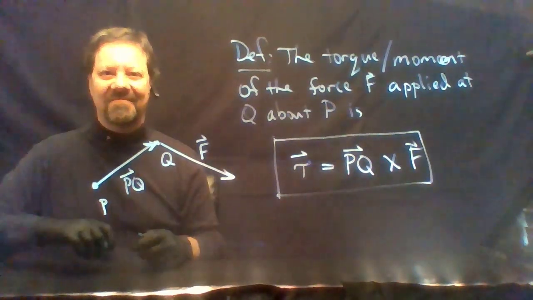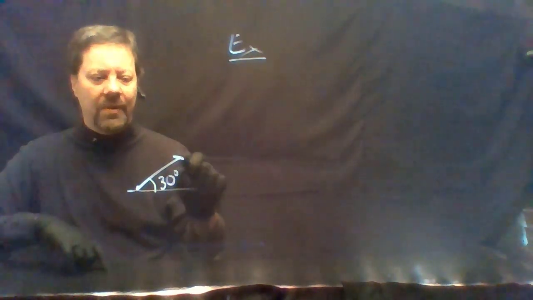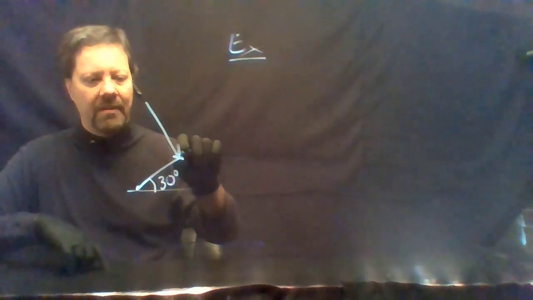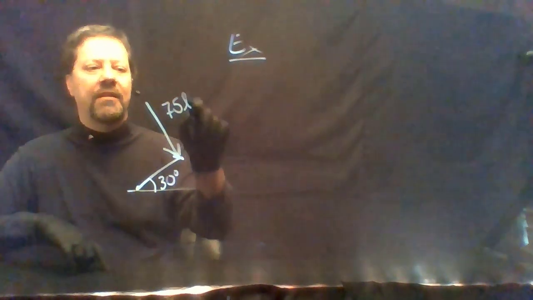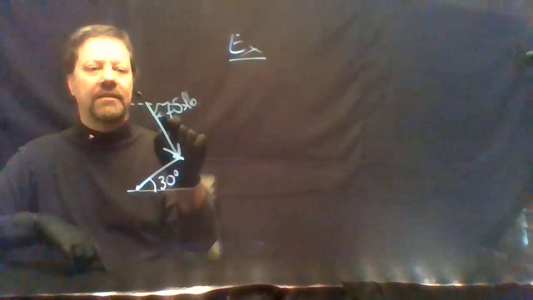So for example, let's suppose I have a bicycle pedal and it's currently at, say, 30 degrees from the horizontal, and I'm applying a force. Let's suppose I'm applying a 75-pound force at an angle 45 degrees downward.